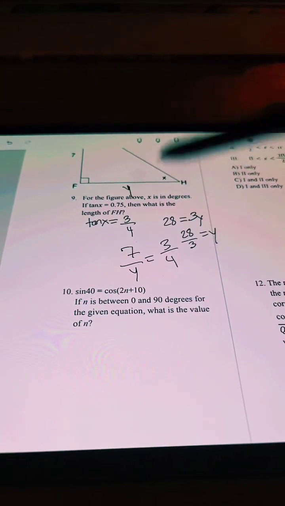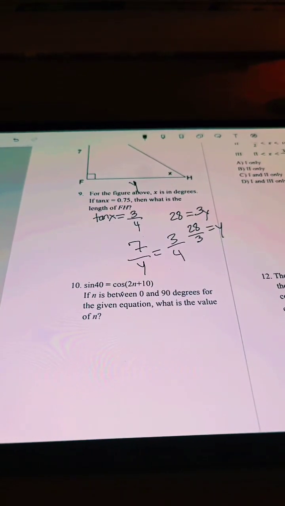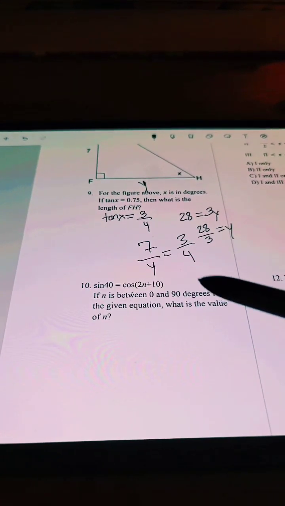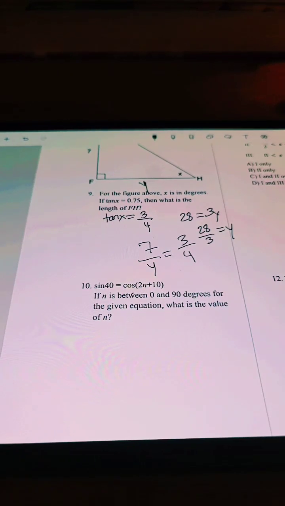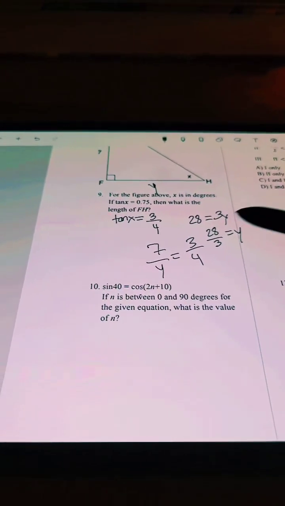So now we have number 10, and it's saying if n is between 0 and 90 degrees for the given equation, what is the value of n? Remember, they love testing on both the SAT and ACT a couple of trig identities, and one of them is that the sine of one complementary angle equals the cosine of the other, and that's what's being tested here.